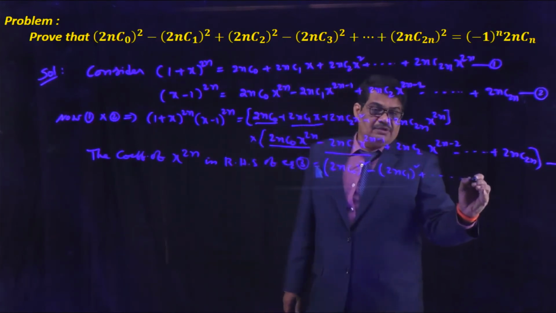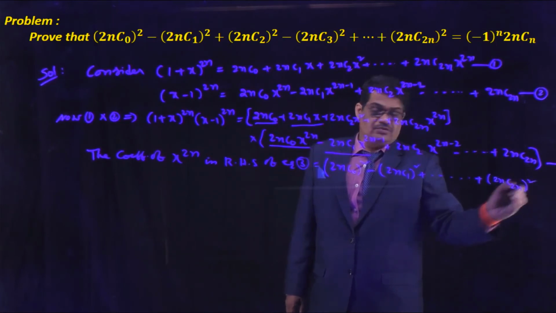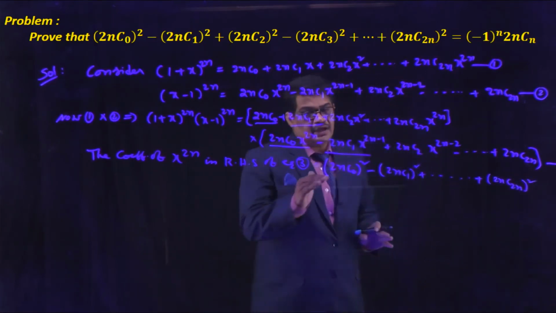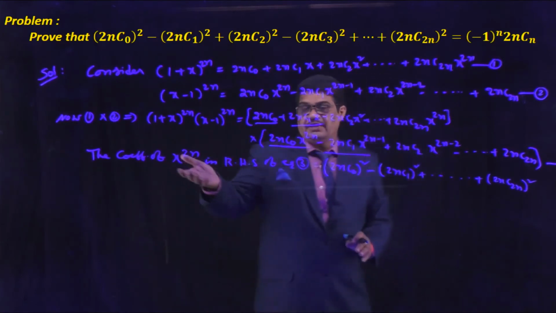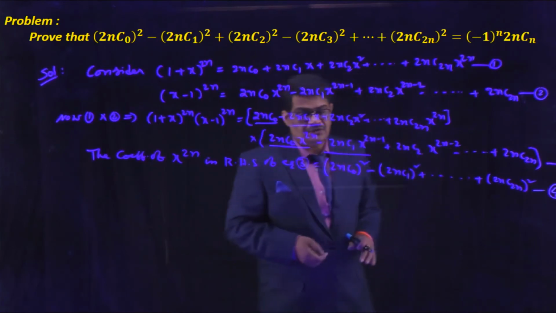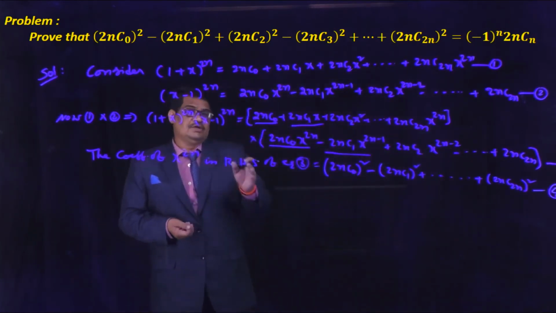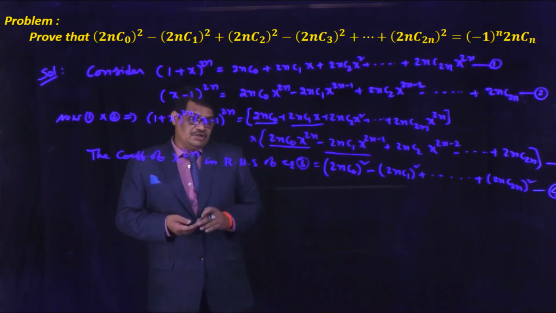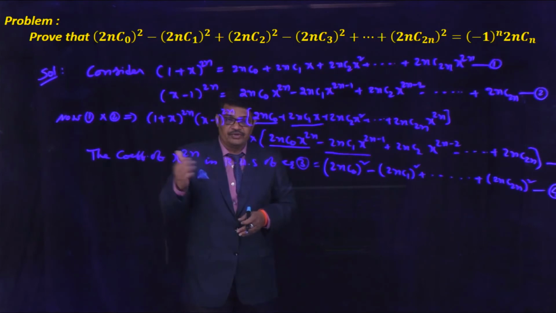The last term we are getting is (2nC2n) whole square. That is the LHS of our proving result. So that is the same equation 4. So the coefficient of x to the power of 2n in the RHS of equation 3 gives us the LHS of our proving result.